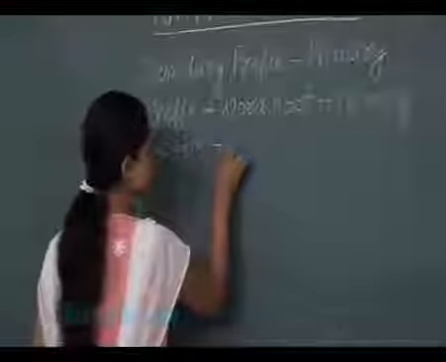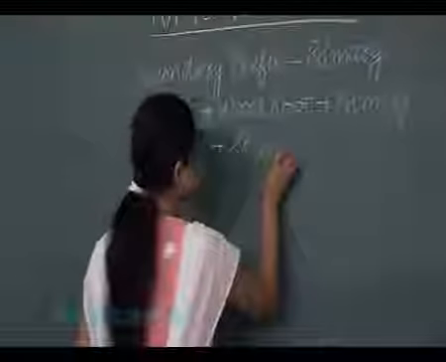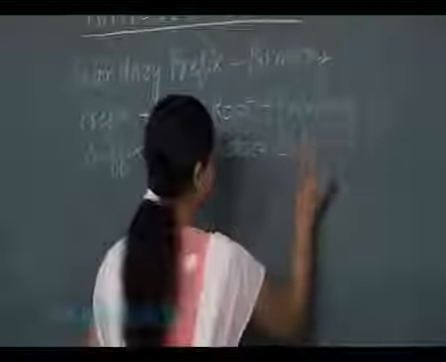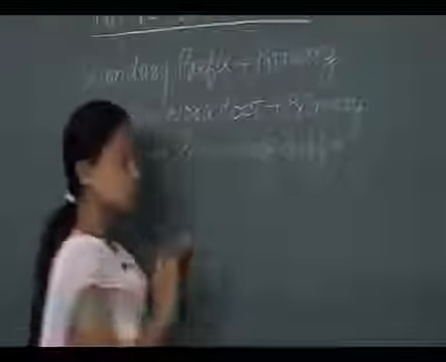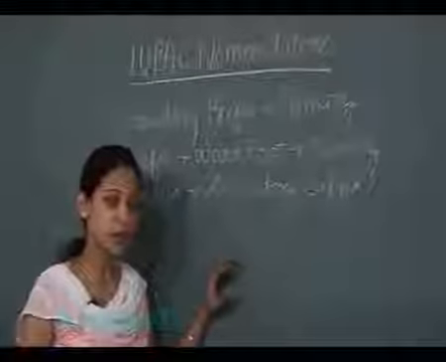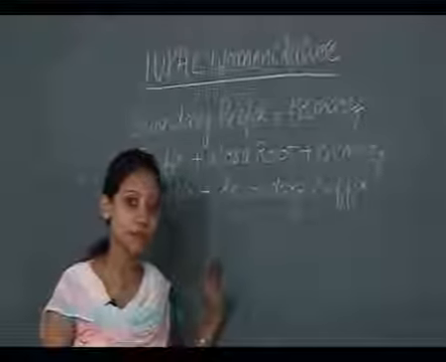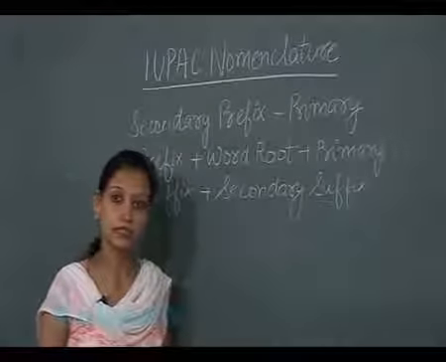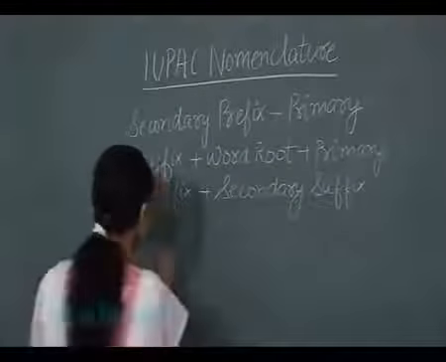And last is secondary suffix. So students, these 5 parts of the name are the basic skeleton for naming an organic compound. Now let us begin with the nomenclature of straight chain hydrocarbons.